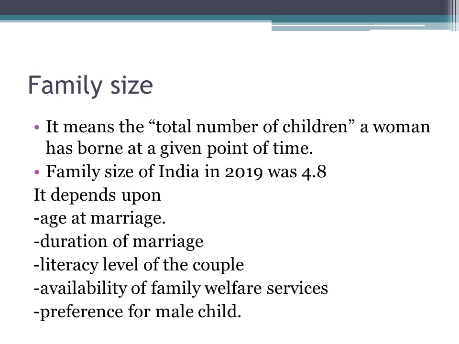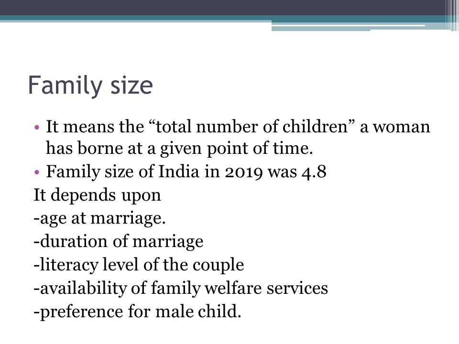Then is the duration of marriage. Again, the longer the duration of marriage, the more will be the reproductive age span, and the larger will be the size of the family. Similarly, the literacy level of the couple is also important because the more aware the couple, the more aware they are about the importance of the measures of family planning.